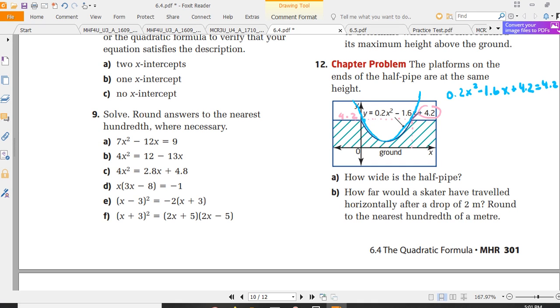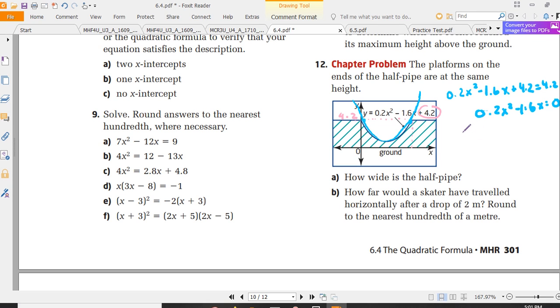Because they're symmetric, there's got to be another point over here where my height is also 4.2. So we're solving this quadratic equation for when it equals 4.2. If I subtract 4.2 from both sides, then I get 0.2x squared minus 1.6x equals 0.